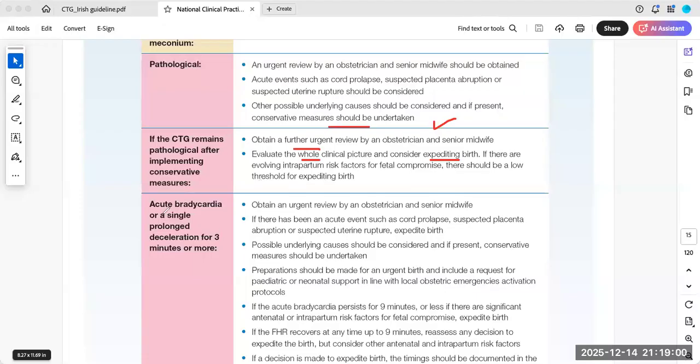And then acute bradycardia or single prolonged deceleration for 3 minutes or more. This equals preparation for urgent birth.